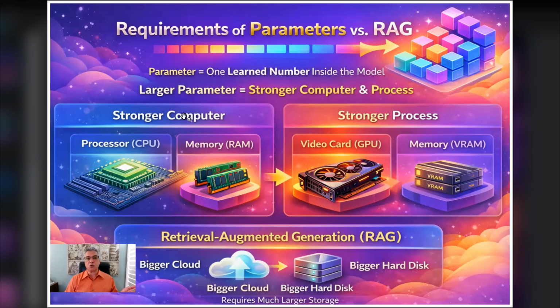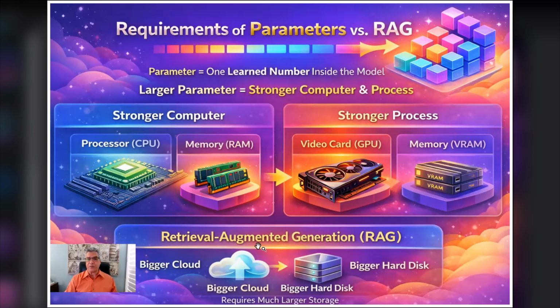Not only the processor and the RAM, but you also have to think very deeply about the video card and the RAM of the video card. So the GPU and the VRAM: you have to consider getting a very strong processor and a lot of RAM, and also a strong video card with a lot of RAM. That's when it comes to the parameter.